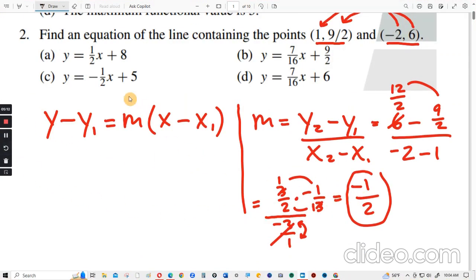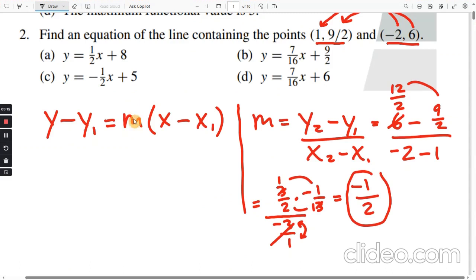So the slope m gets plugged in right here. And you also need to plug in 1 point. You can plug in either one, and that goes into the y1 and x1. Since you can plug in either point, I don't want to use the one with a fraction. So the first number is your x1 and the second number is your y1.